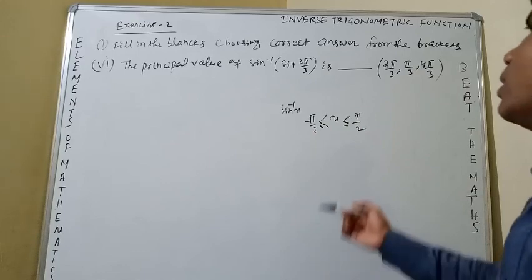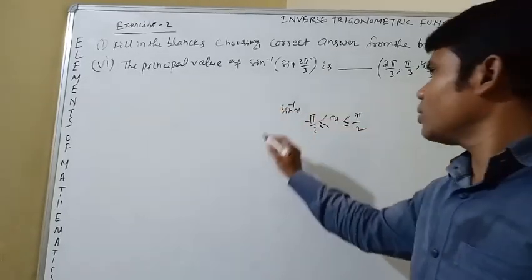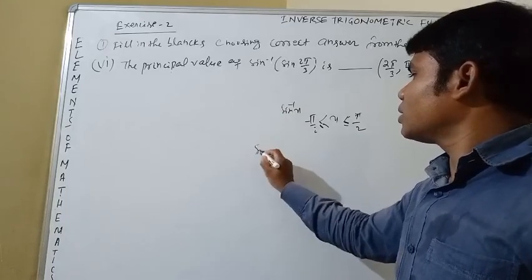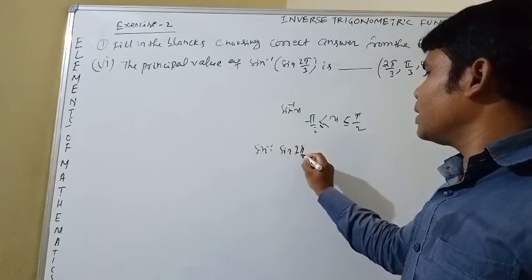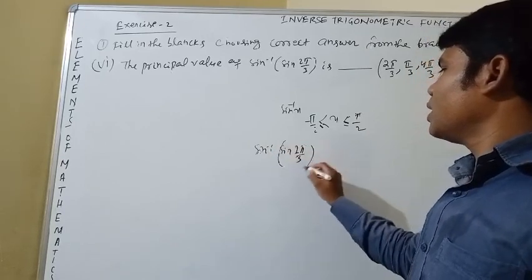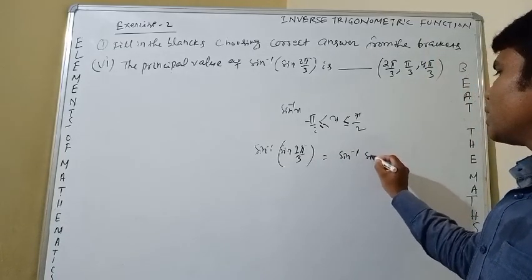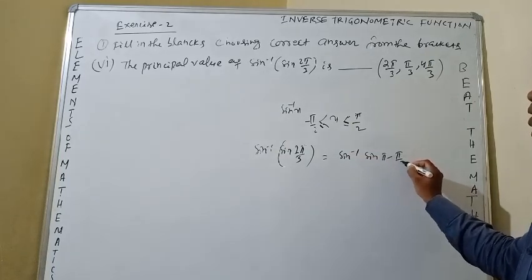You see here the question is given principal value, so you see sine inverse sine 2 pi by 3 is equal to sine inverse sine 2 pi by 3. I can write pi minus pi by 3.